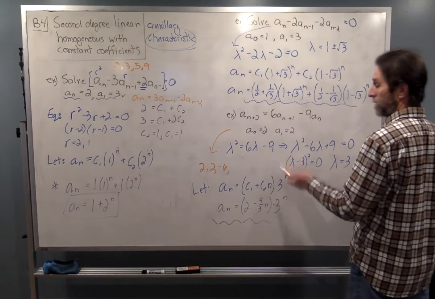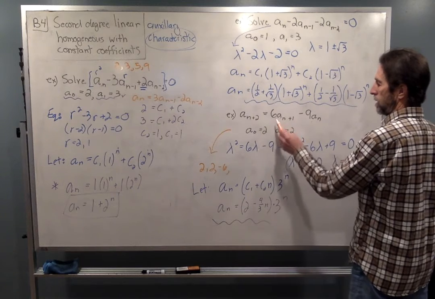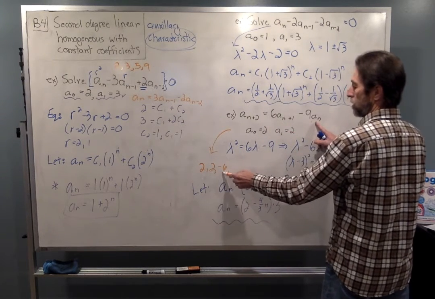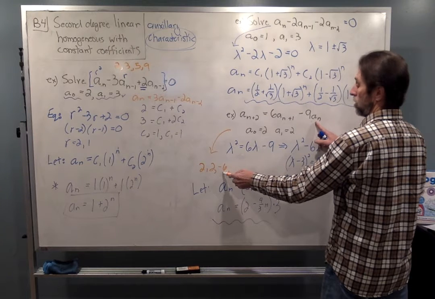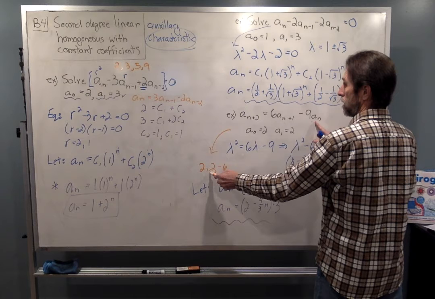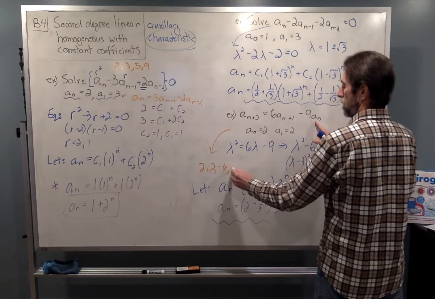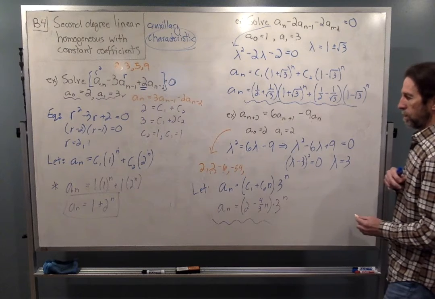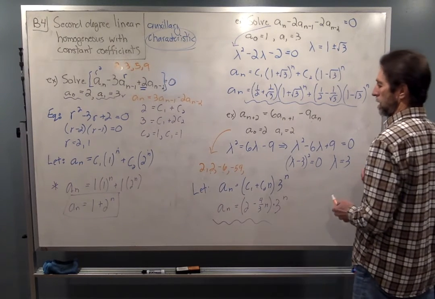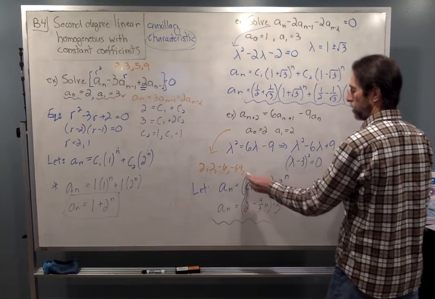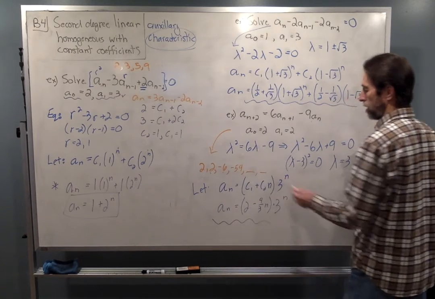And then for the next term, I'm going to get 6 of these minus 9 of these. 6 of these, negative 36 minus 18, negative 54. If I then go ahead and take 6 of these minus 9 of those, I'm going to get another number, and so on and so on.